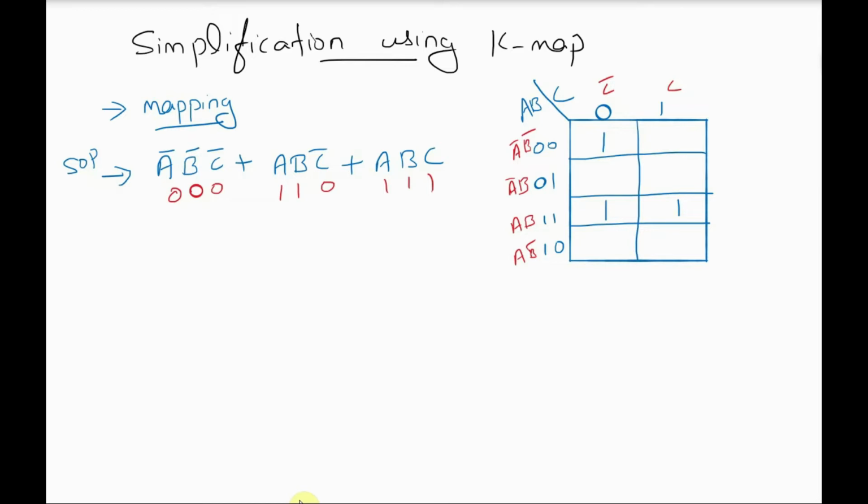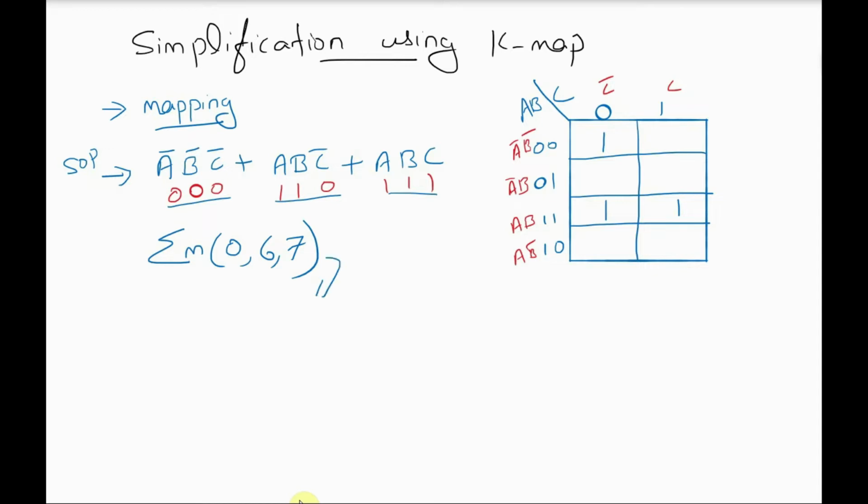This expression can also be written as sigma m of 0, 6, 7. This 0, 6, 7 represents these numbers. 0, 0, 0 is decimal 0, 1, 1, 0 is decimal 6 and 1, 1, 1 is decimal 7.